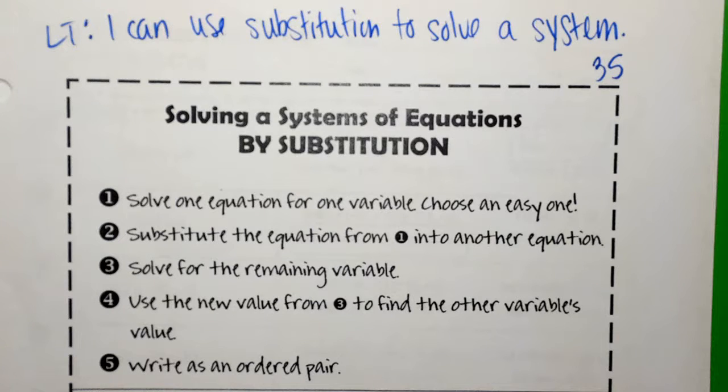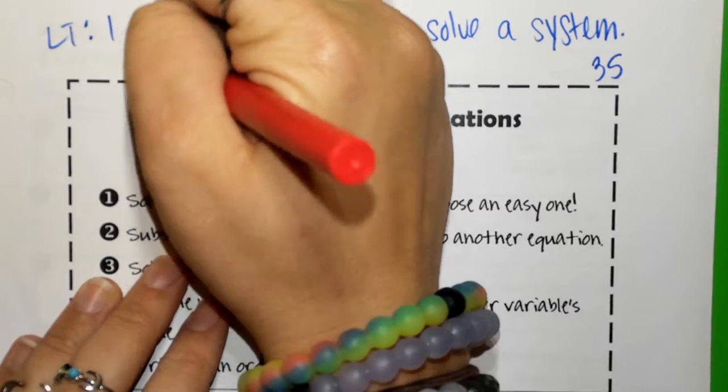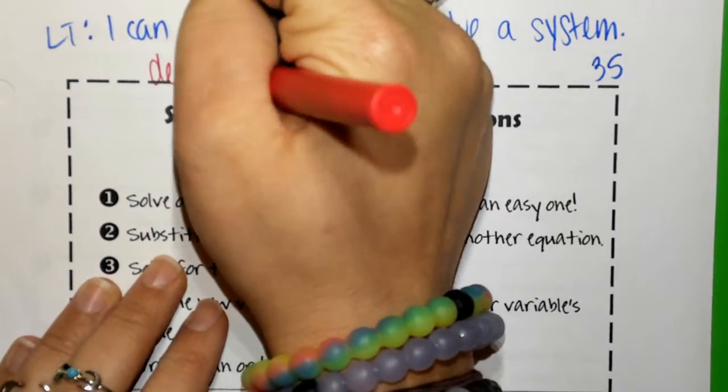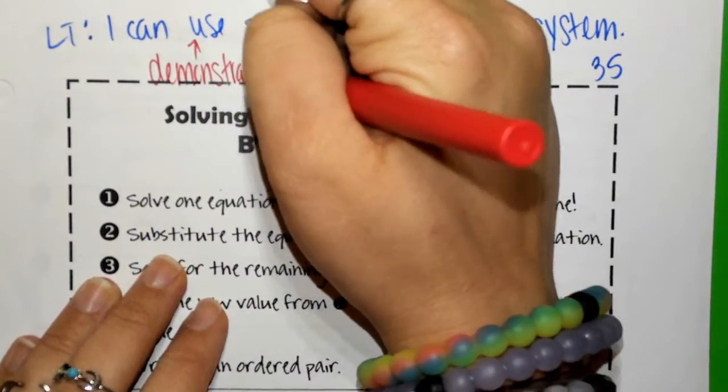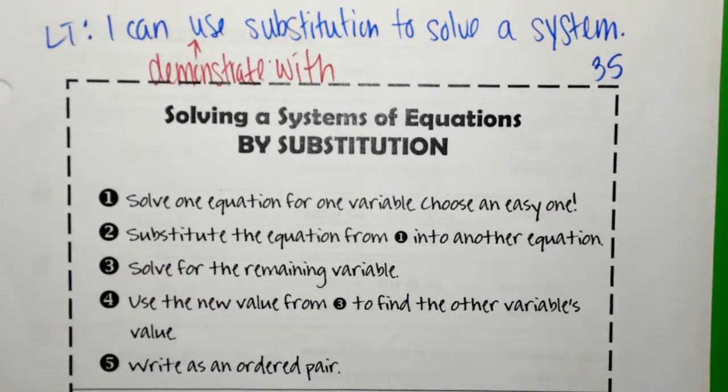But what big word could we use instead of I can use substitution? What could we replace that with? Demonstrate. I can demonstrate with substitution. I love it. Give your team a point. I can demonstrate. Makes me think of demons. With substitution to solve a system. What's another way we could say it instead of demonstrate with?